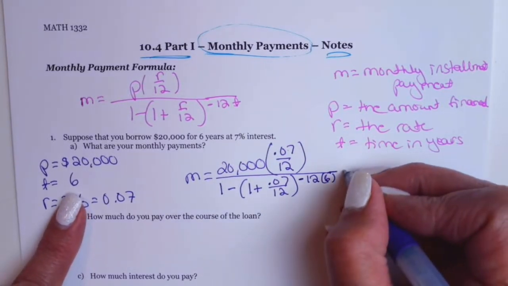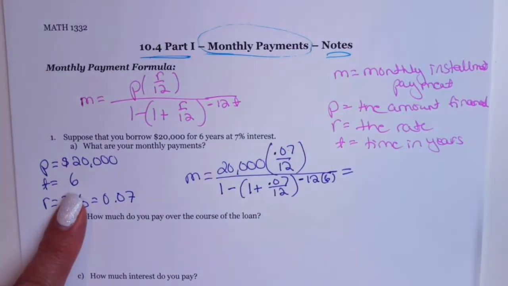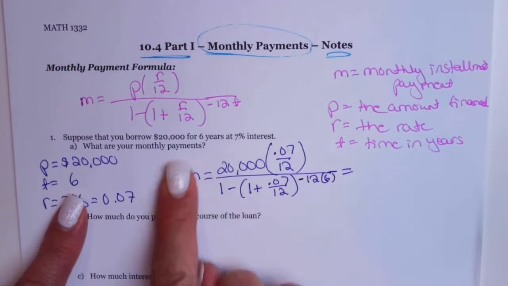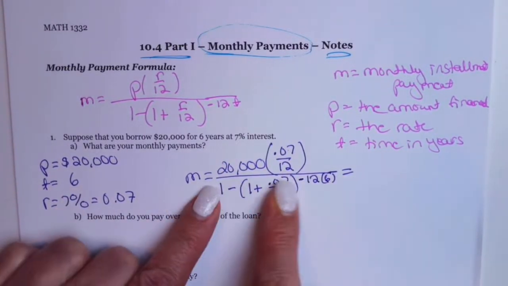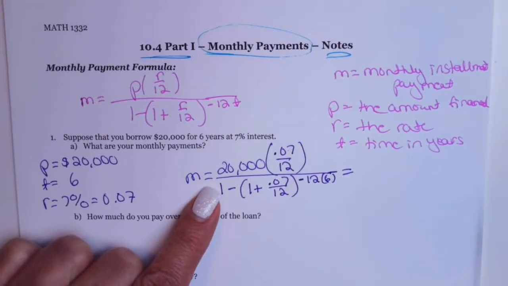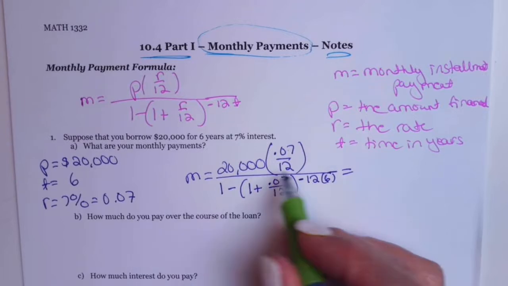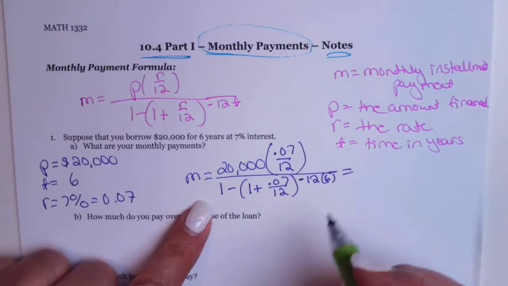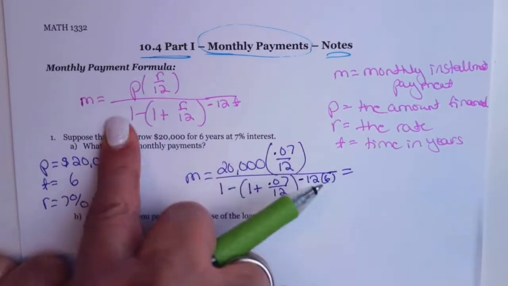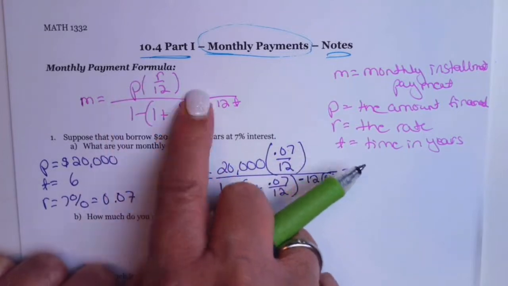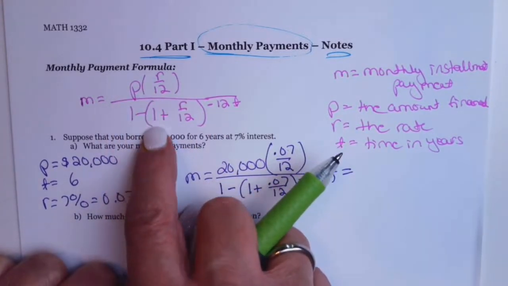Now you've got to be very careful when you're putting this in a calculator. The top part is not as much of a problem, but it's the bottom, what we're dividing with. As you can see, these are the only parentheses that we have on this.